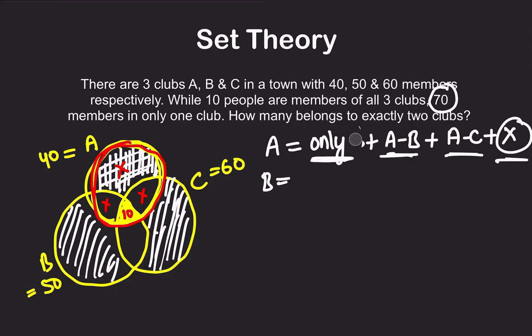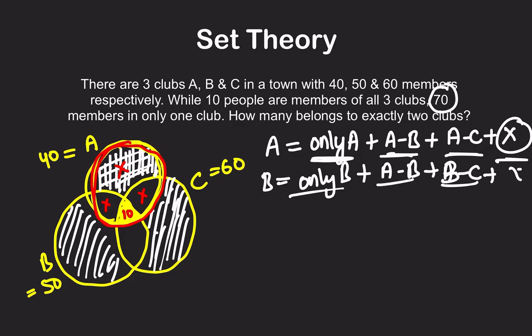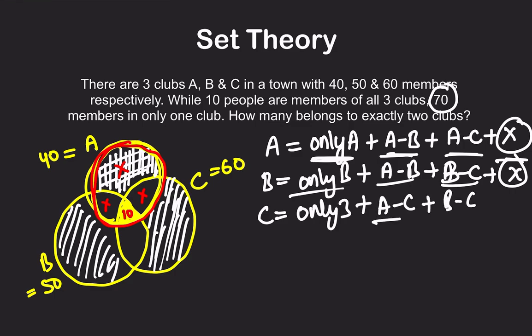Not only B, but only A here. So B is only B plus AB plus BC plus common between all the clubs. C is equal to only C plus AC plus BC plus common between all those.